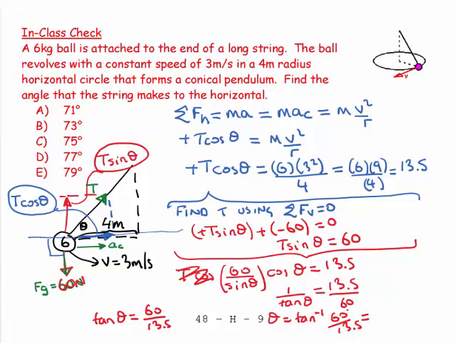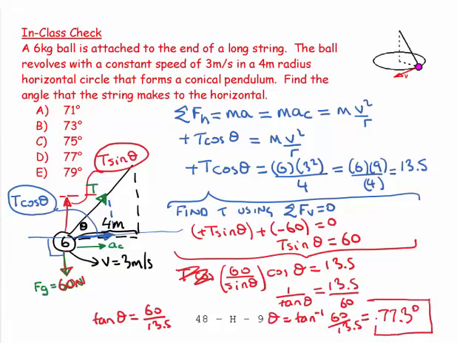The first thing I always do when I'm dealing with trig is I check I'm in degrees, if I want to be in degrees, and I go second tangent, and it's going to be 60 divided by 13.5, enter, and I get 77.3 degrees. So this equals 77.3 degrees. Cool. There we have it.